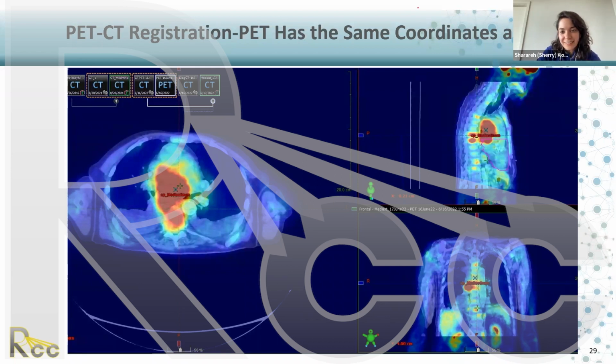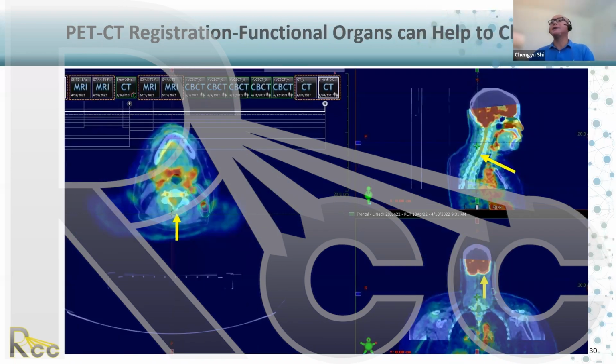Okay. And next, for PET-CT registration, functional organs can help you check it. Like the tumor, both the tumor may respond, and the brain definitely responds, and you can use that to double check it. Instead of anatomy information, the heart may have a certain response to the contrast injection, so you can check the head and neck and check that location well.